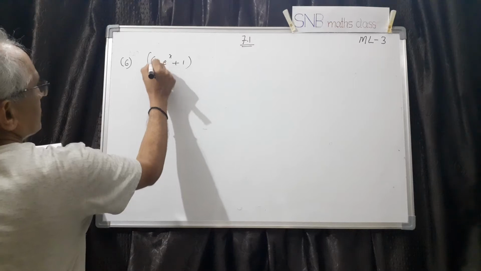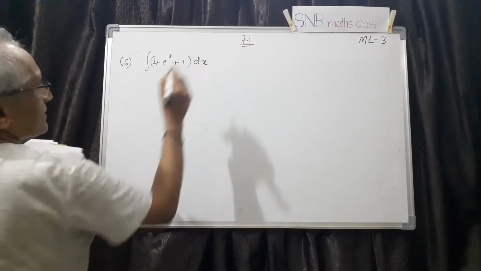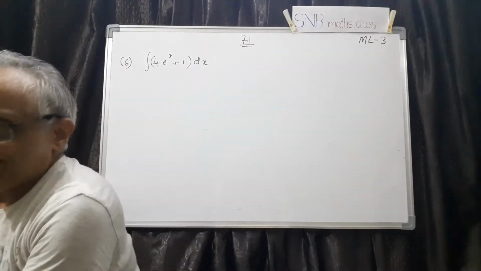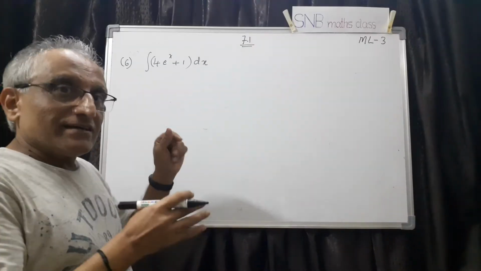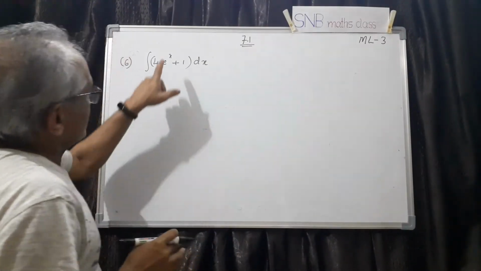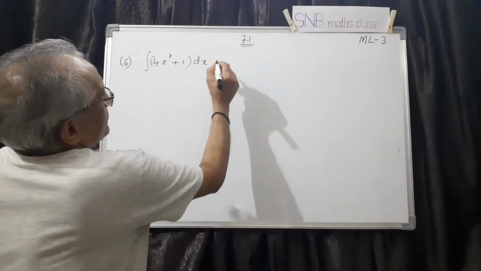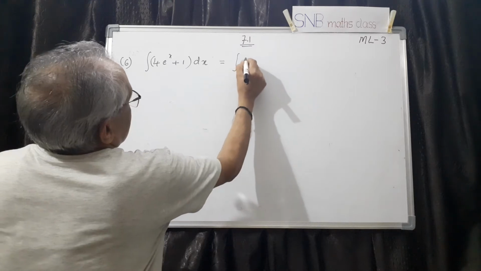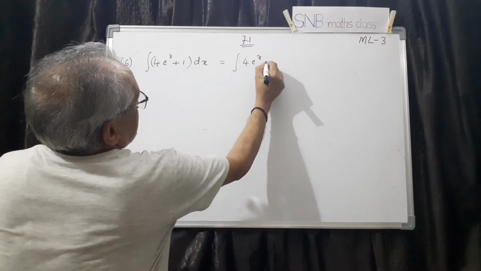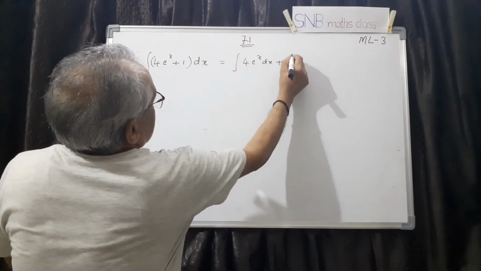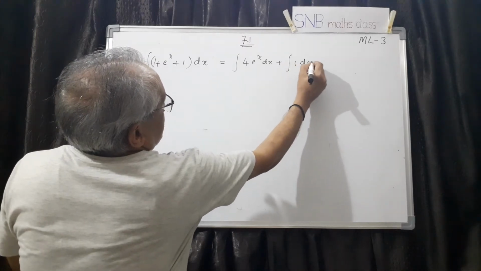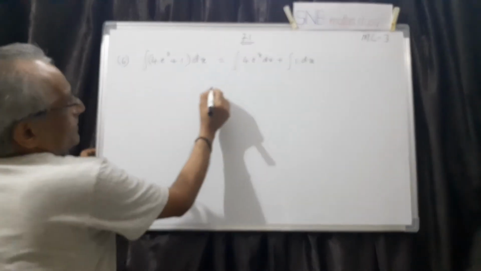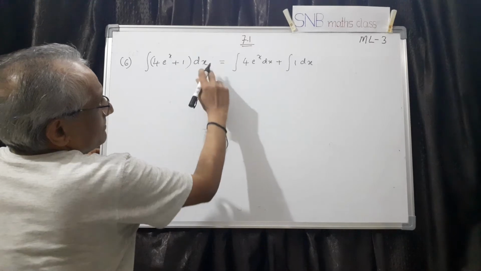I have changed some of the questions to suit my requirement because some of the questions cannot be done directly here. So questions are mixed. So this is the rule. Actually it is 3x is there, but I have changed it. Now the rule is this. This you have to write. See, integration of 4e^x dx plus integration of 1 dx. So addition rule. Then here 4 can be taken out.